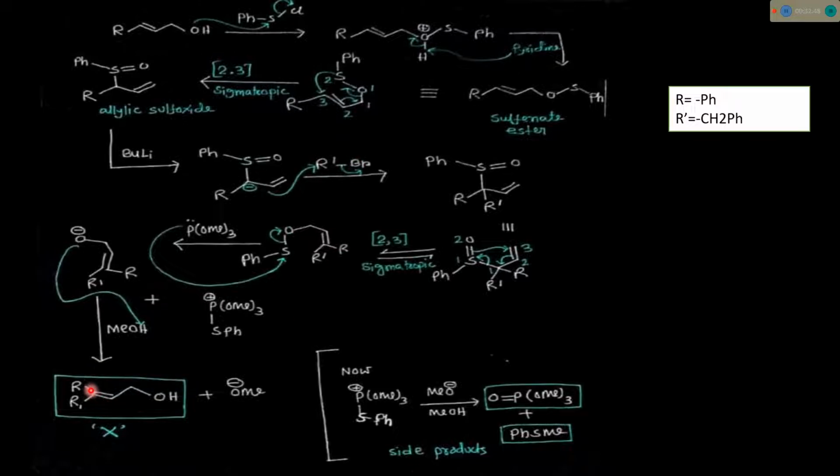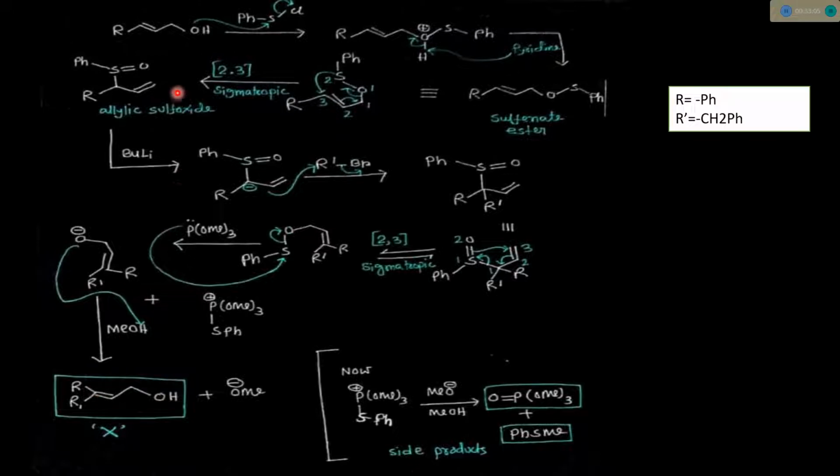See, at last we obtain the same product, the same allylic alcohol, just now doubly substituted. This terminal carbon of this double bond part becomes doubly substituted.